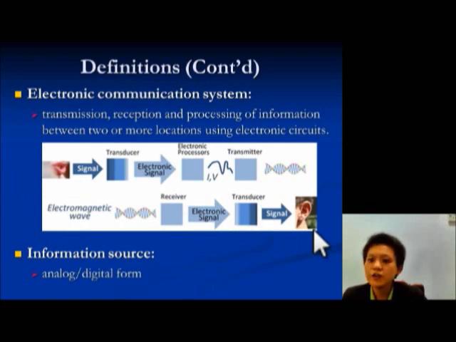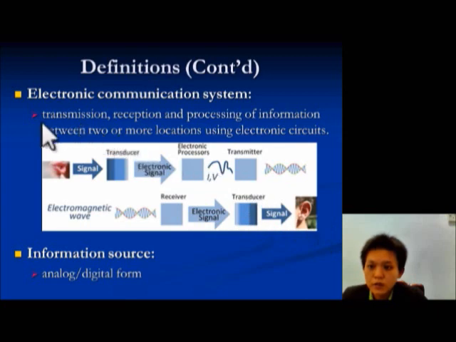Definition of the electronic communication system. Here we have the message that we talk about, and this signal will go into the transducer and pass through the electronic processor and become a signal in the electromagnetic wave, received by the receiver, and this signal will be transduced and become the signal to be heard.